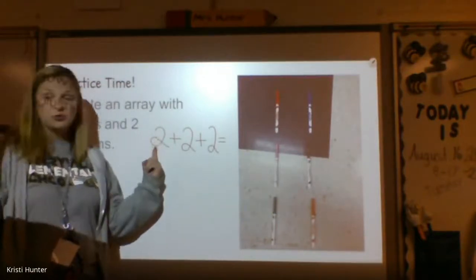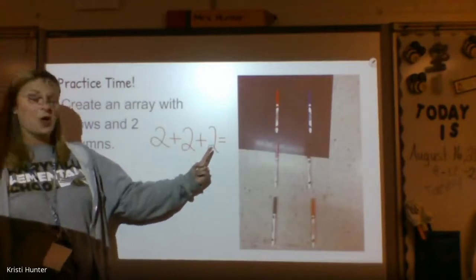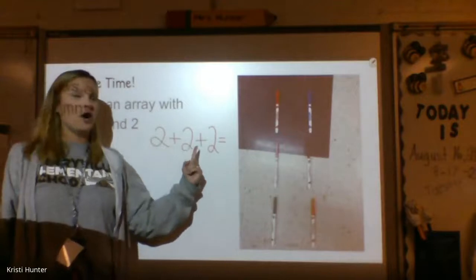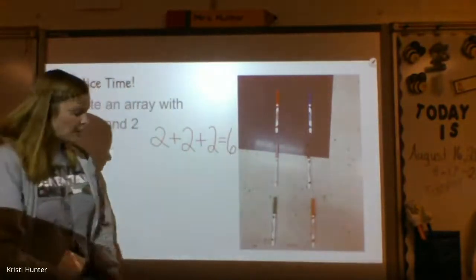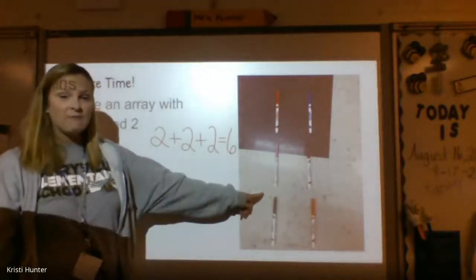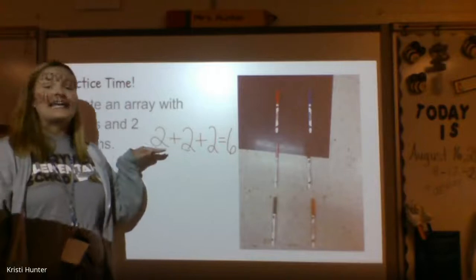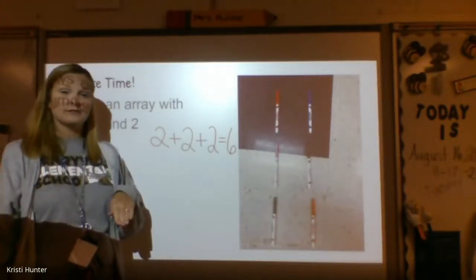I have 2 plus 2 plus 2, which means I have an answer of, count by 2s, 2, 4, 6. So there is my array that I've built. It has 3 rows and 2 columns, and here is my equation for the number of rows.